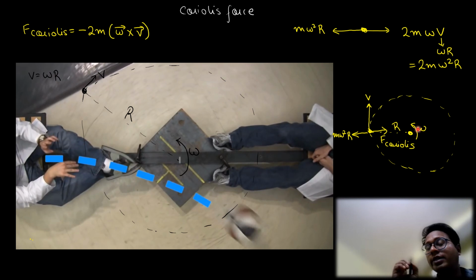Centrifugal force depends upon the angular velocity of the frame and the distance of the particle from the axis of the frame, whereas Coriolis force depends upon the angular velocity of the frame and the velocity of the particle as observed by the rotating frame. Understood?